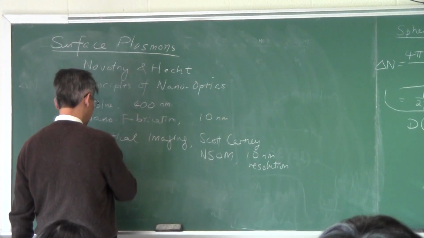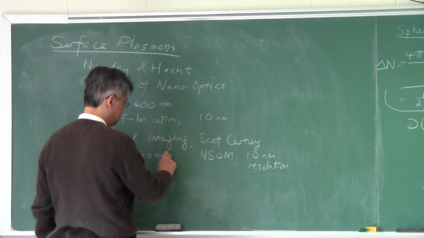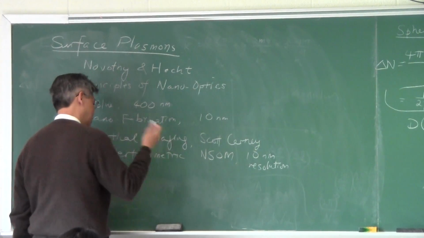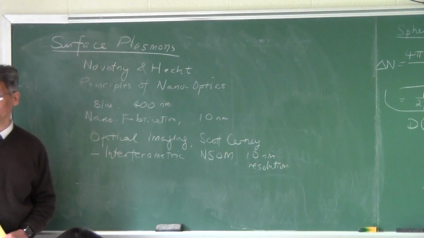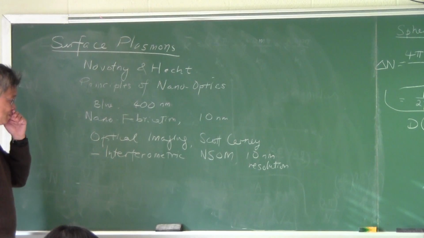With NSOM he claims 10 nanometer resolution, which is extremely small, much smaller than any viruses that we know. Viruses are on the dimension of microns. Your hair is even much larger than that. So when you can make something really small, it's actually really amazing.